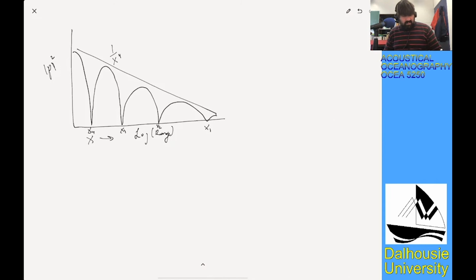We're going to have these nulls, which are defined from our previous equation, on the last page or above in the notes. And so you get a mirror pattern here, a fringing pattern, right? And this is called Lloyd's mirror. So fringing pattern. You got to write it with the nice L.